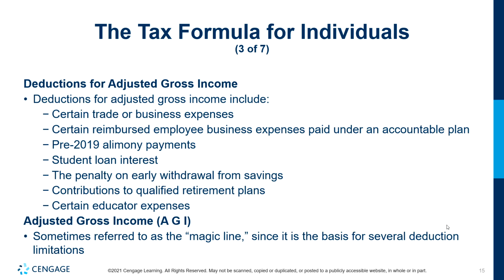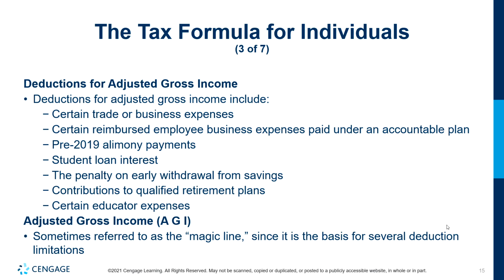Now, deductions from AGI. These can include certain trade or business expenses, certain reimbursed employee business expenses paid under an accountable plan. That is very, very specific. We've been hit pretty hard on deductions on those. Remember that. Pre-2019 alimony payments.